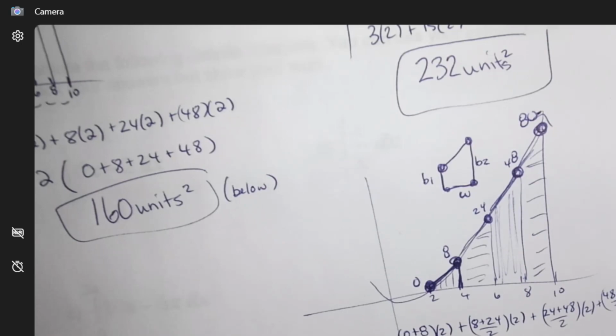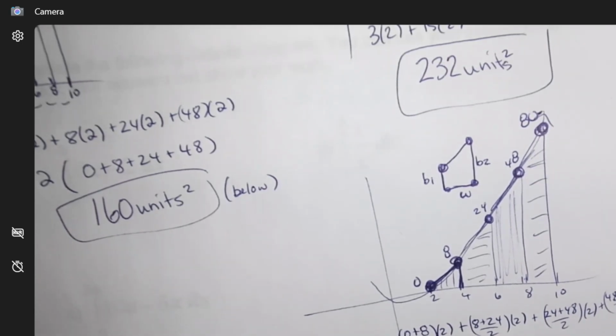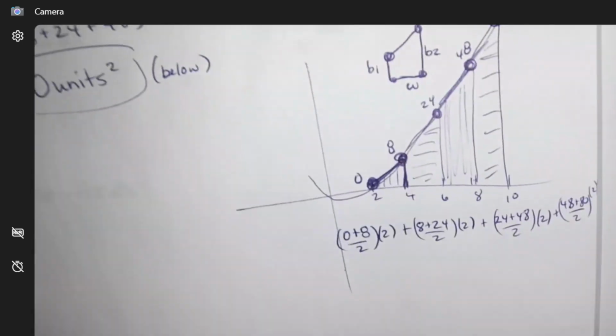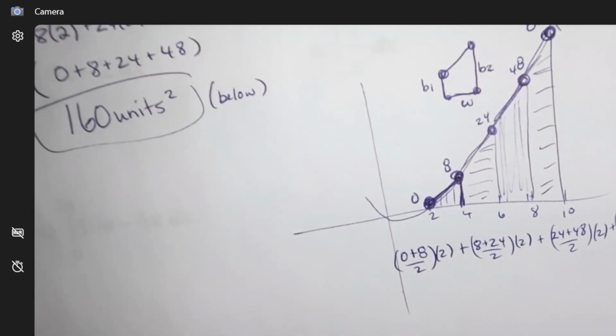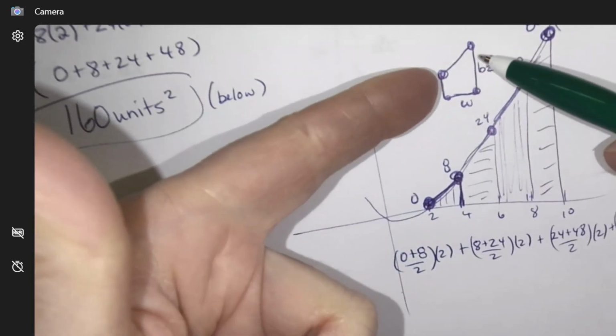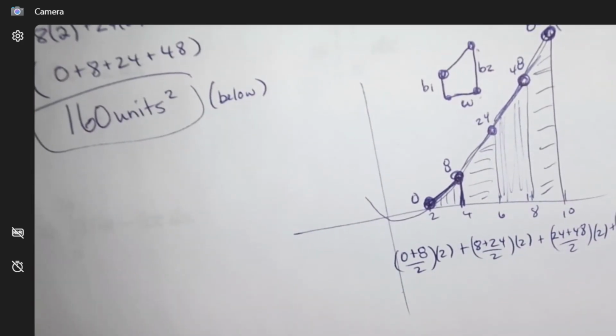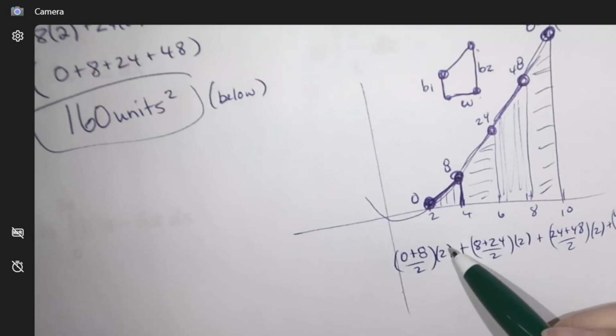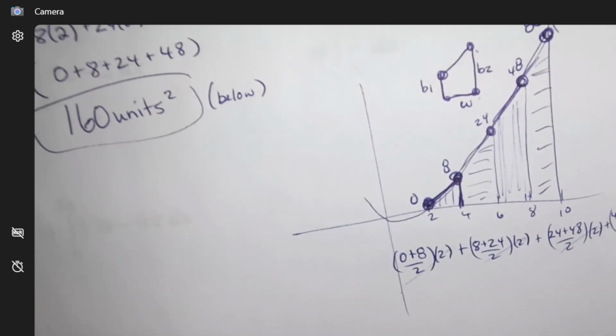Okay, so the average of the wonky walls times the width. So that's what I'm doing, the average of the two sides that are not the same. Okay, average times across. And because all the widths were 2, that helps with the math because all these divide by 2's can cross off.